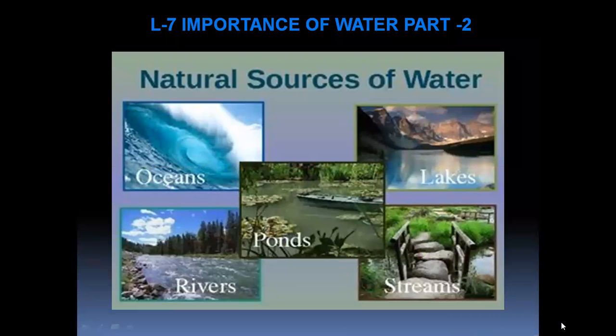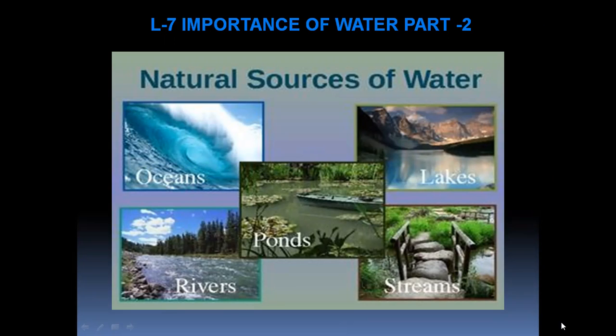Our seventh lesson, importance of water, part 1, we already completed. This is part 2. In part 1, we learned that water is an important natural resource and it is essential for all living beings.